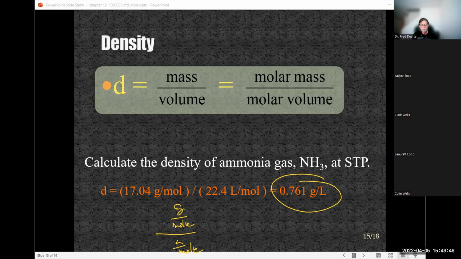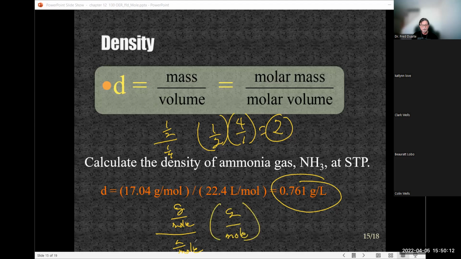That occurred because, think about this, grams per mole divided by liters per mole. We're dealing with fractions here. It's like taking 1/2 divided by 1/4, right? Well, how do we do that? The denominator fraction, we invert it, so it becomes 1/2 times 4/1, which is 2. If you look at the units here, we have grams over moles, so unit-wise, invert the units in the denominator, which gives us moles per liter.